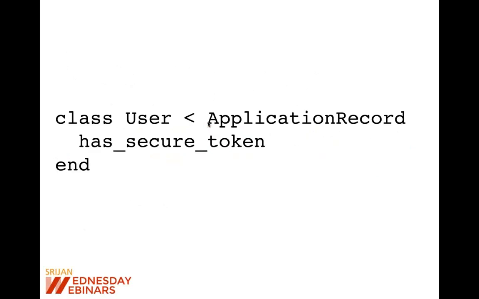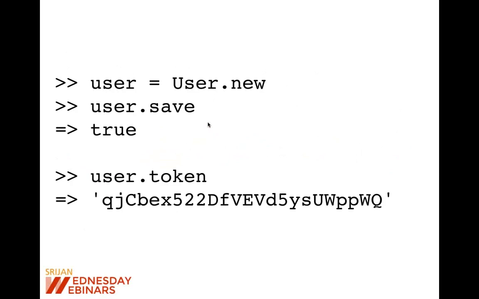So Rails 5 has a way of specifying that you have such tokens by adding this has_secure_token line in your model. Then Rails will assume that you have a token attribute in your model. And once you save the user, it will automatically generate that random token for you. So if you have some logic for generating this token yourself, that is no longer needed. Rails will take care of generating this token for you.